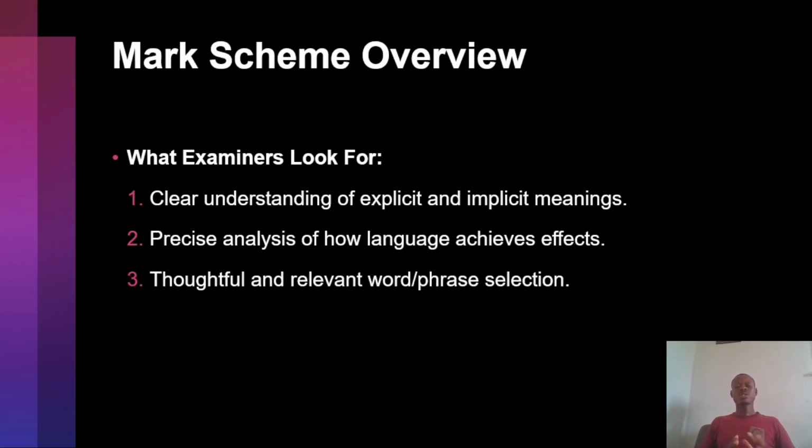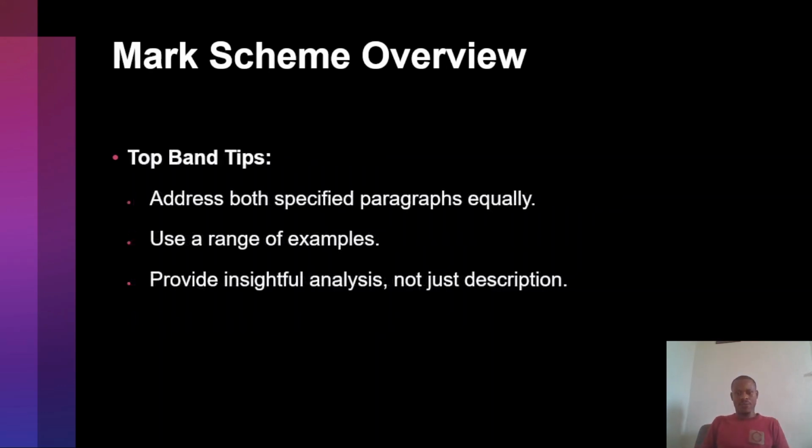Then the references, phrases or words you make use of should be thoughtfully selected and relevant to what you're saying. Make sure that your explanation and the picked phrase or word are in sync. The last is you should use effective explanation. You should effectively explain the imagery that has been identified.